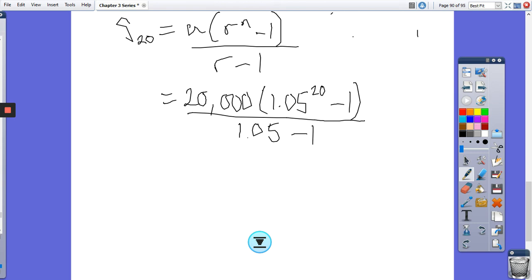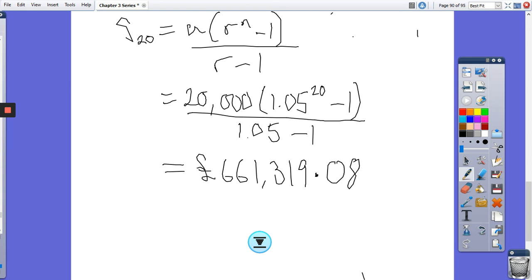And if you plug that into your calculator, apparently you get 661,319.08. So you get all this money here. He's going to make 661 grand over 20 years.